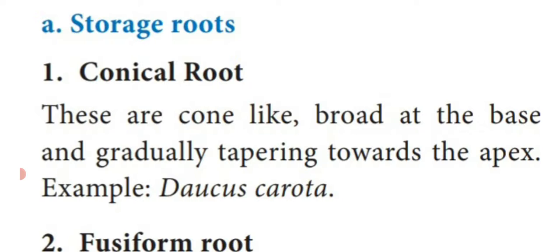So that is said to be tapering towards the apex. Apex means tip. So broad at the base and growing towards the tip region or apex, it is tapering. That means gradually the width is decreasing. That shape of root is known as conical root. Example, Daucus carota. Daucus carota is the binomial name of carrot.